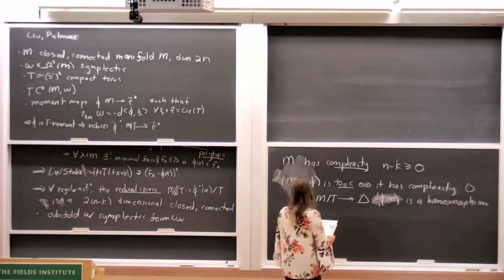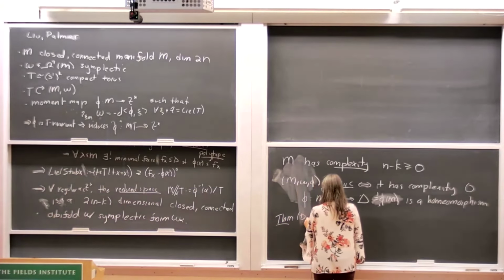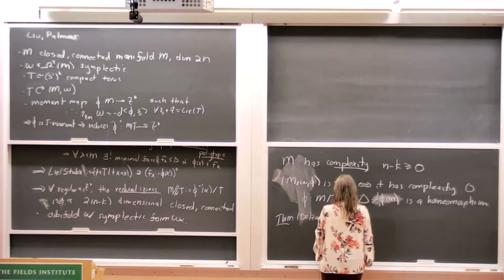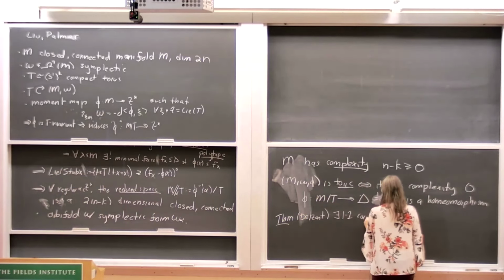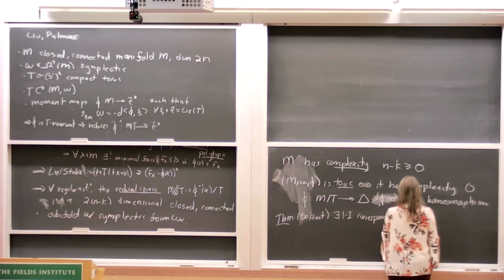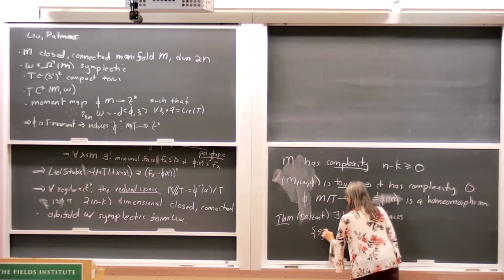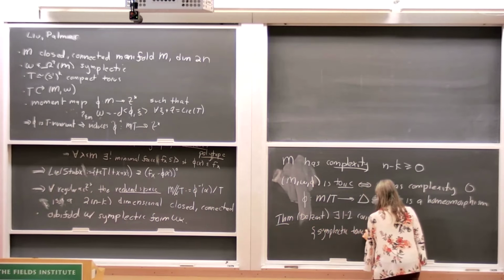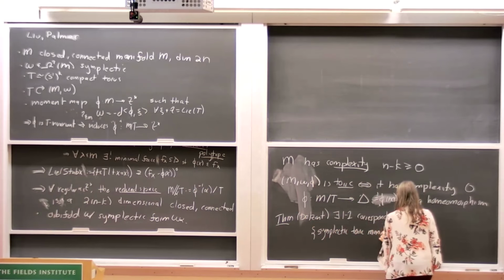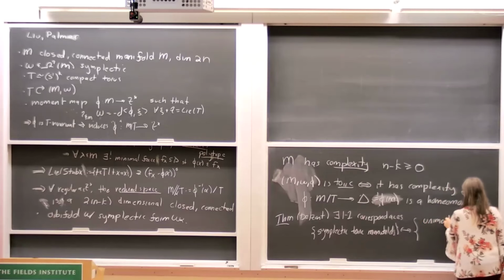And of course, we have the most important theorem, which is Delzant's: there exists a one-to-one correspondence between symplectic toric manifolds and unimodular rational polytopes.